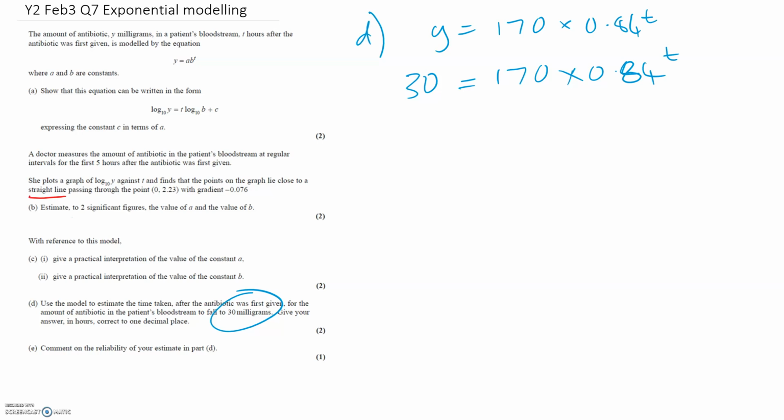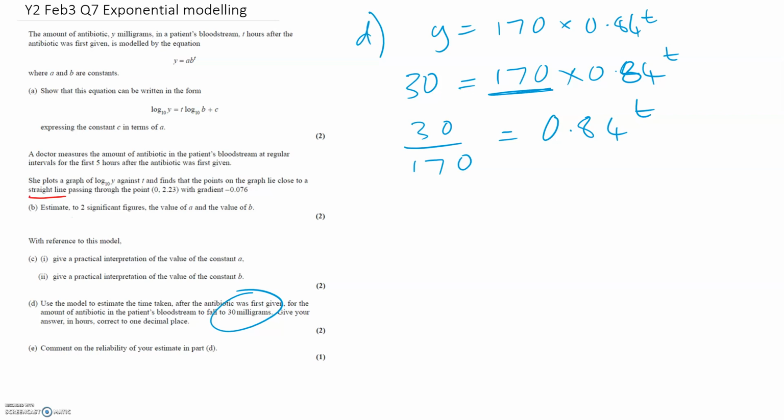Before we take logarithms to find t, we need to divide by the 170 first. A lot of times when I'm marking questions like this, students forget to get rid of this before they take logarithms. So if you divide by 170 first, you get this.